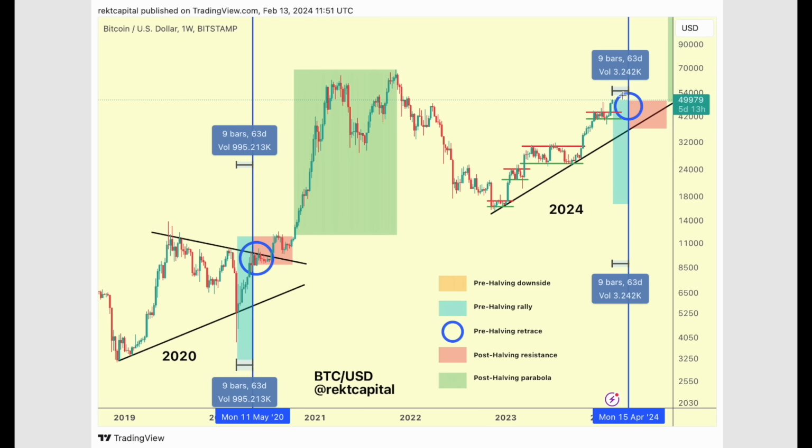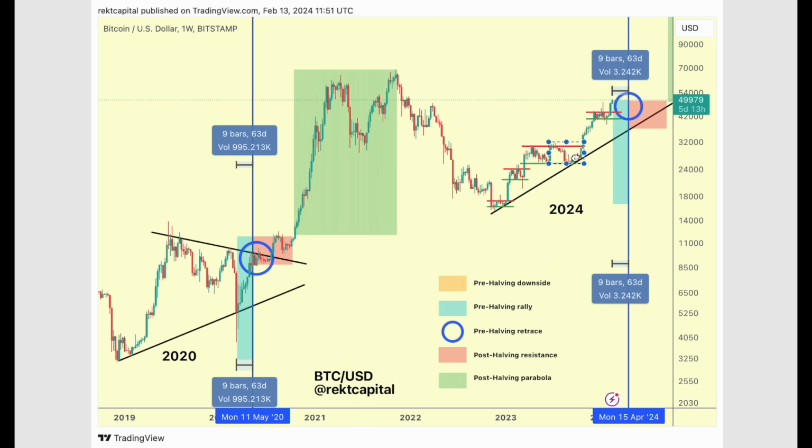And if history is any indication, 20% on the shallower side, 30% on the more 2016 conservative side, and 40% in general on the truly extreme side, which is unlikely because what we've seen in this cycle is retraces of approximately 25% on each occasion.